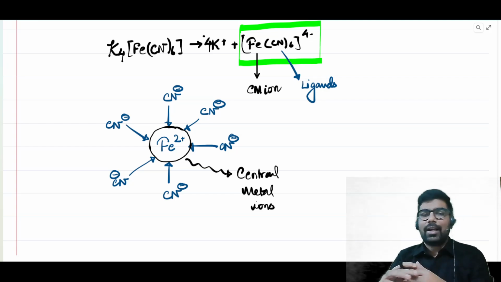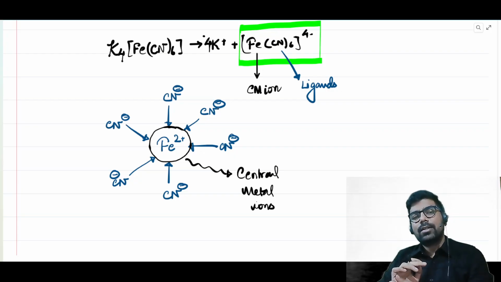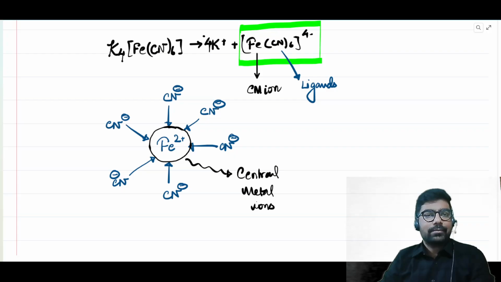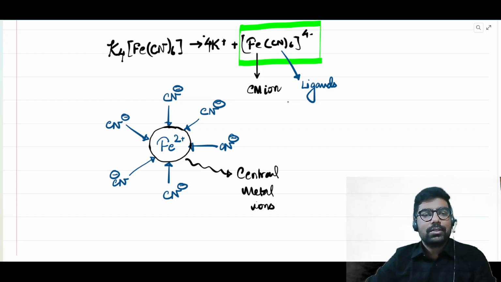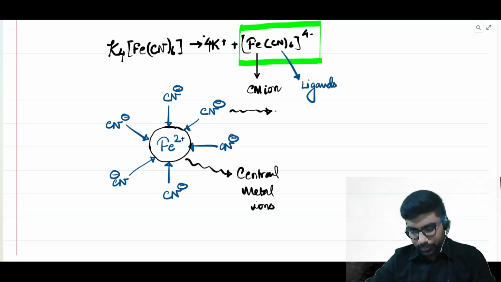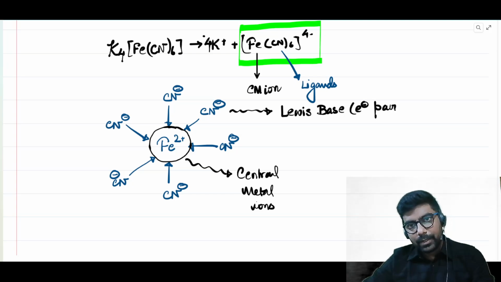Now moving on to the acid base concept. What we call when someone is donating a pair of electrons, which acid or which base they fall into. So someone which is a electron pair donor basically is a Lewis base. Electron pair donor is a Lewis base.